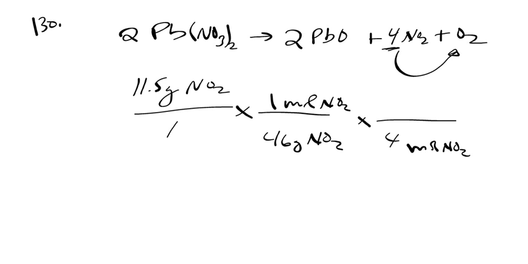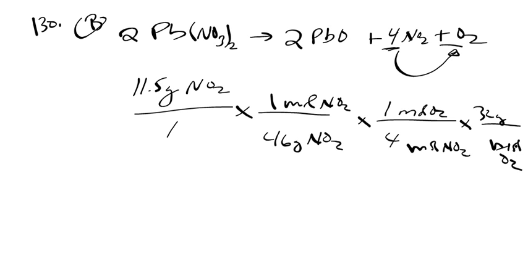To moles of O2. And there's 1 mole of O2. And then I need moles of O2 down here. And it weighs 32 grams. Do the whole thing out. Get the math done, and you're going to end up with an answer of 2 grams. The answer is B. You multiply all the top, then divide by everything on the bottom. Divide by 46 and divide by 4.